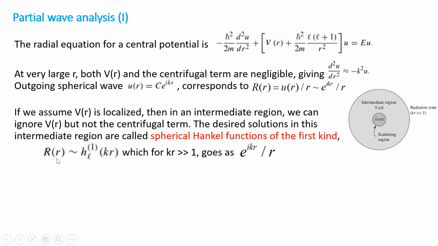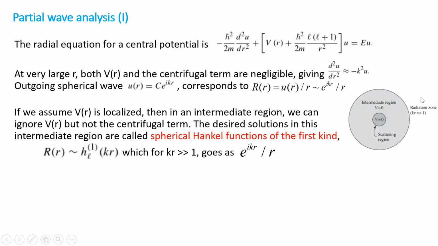And it turns out that as kr gets much bigger than 1, so as we move further out from the intermediate region into the radiation zone, the spherical Hankel functions limit to the behavior e to the i kr over r. So they match what we would expect if they're the solution in the intermediate region.